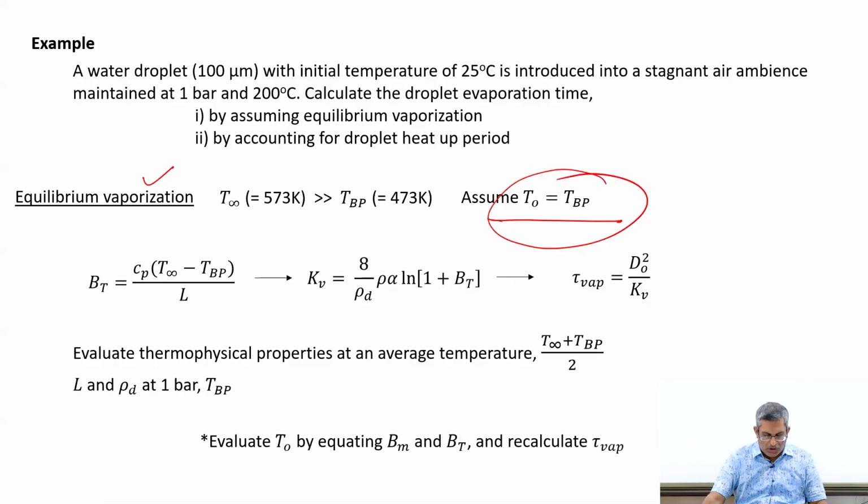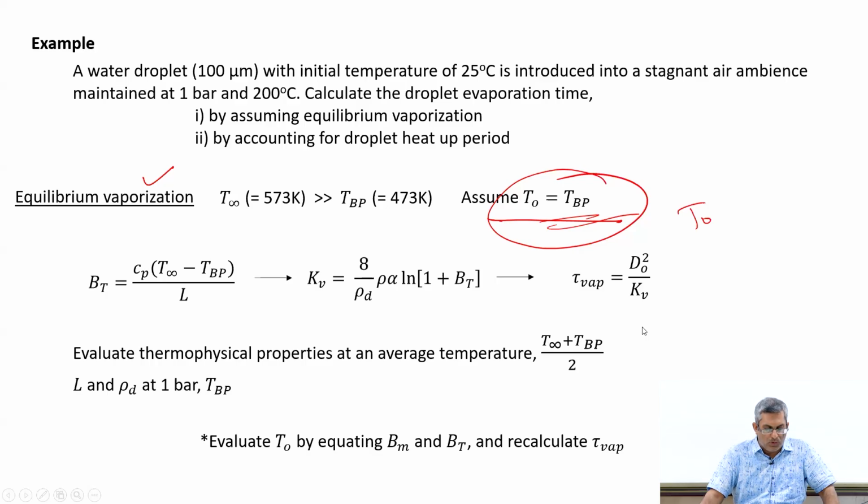We should solve both equations and see what is the actual temperature. So I want you to calculate that also and see how far this assumption is valid. So is our droplet temperature actually close to the boiling point or not? That you can calculate by solving the two equations. So any queries as of now?